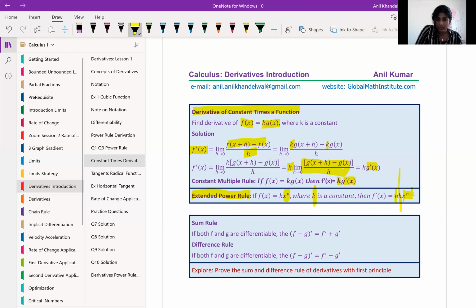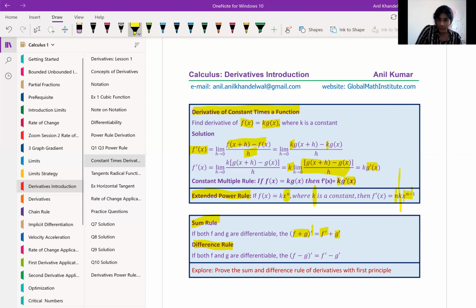Now, following this, we have two more rules which are called the sum rule and the difference rule. Very useful, simple, and they make a lot of sense. If we have two functions, if we add them and find the derivative, then it is the same as the sum of their derivatives. So either you add the functions and then find the derivative, or you find the derivatives and add them. You get the same result.